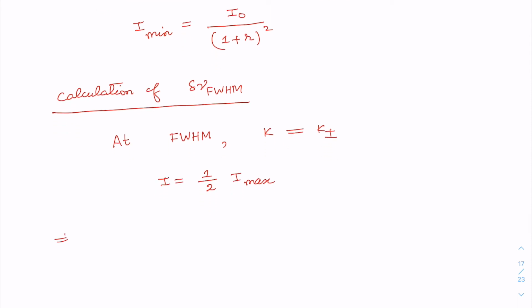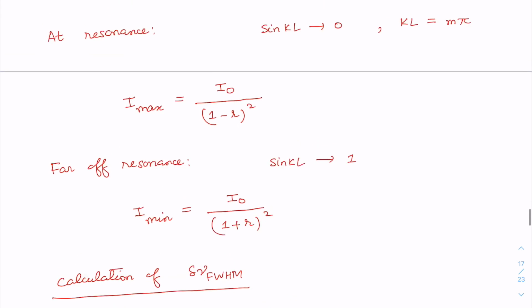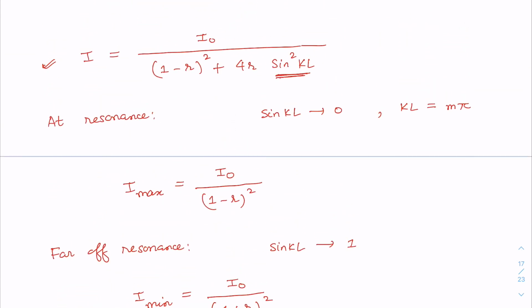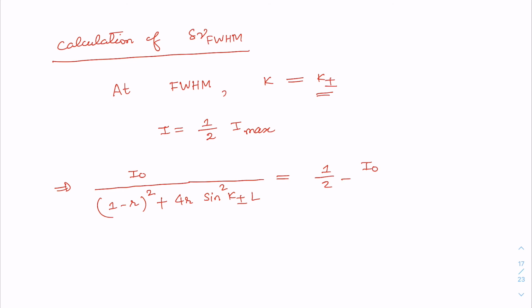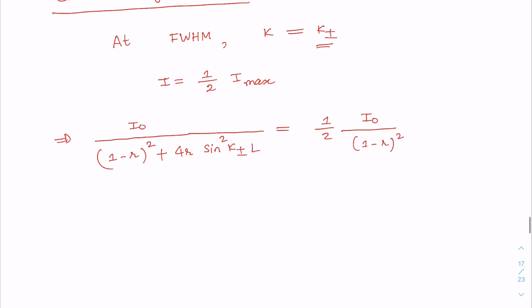So if I now put the expression of I from here, and for k equal to k plus minus, then I have I0 divided by 1 minus R whole square plus 4R sine square k plus minus L, and that would be equal to half I0 divided by 1 minus R whole square.